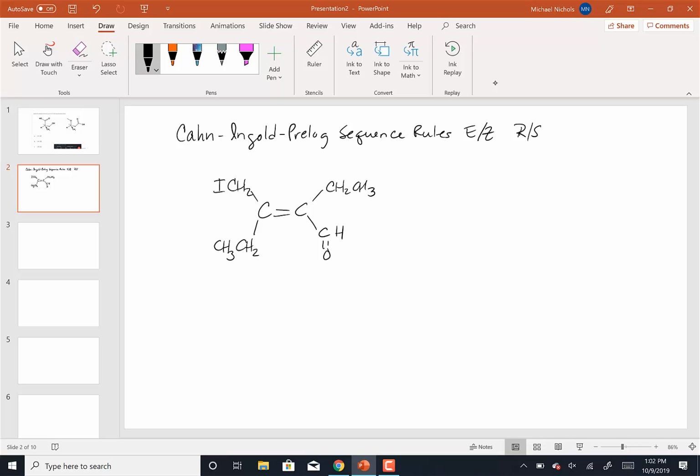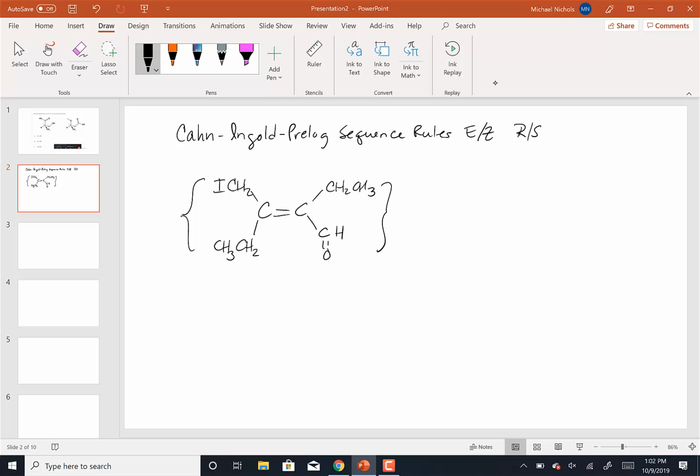This is what might get a little confusing: with E and Z, I'm just going to determine the priorities of those two, which one's high or low. Then I'm going to go to these two and say which one's high or low. Then if the two high priority groups are cis, that's Z. If they're trans, that's E. That's how we use the sequence rules to determine priorities to give us E or Z.